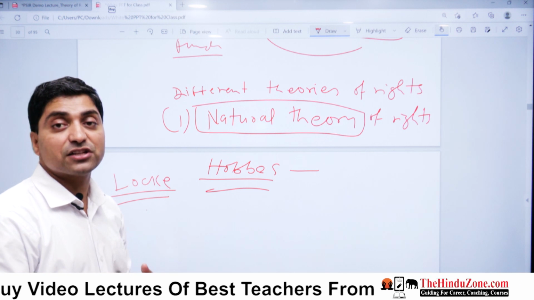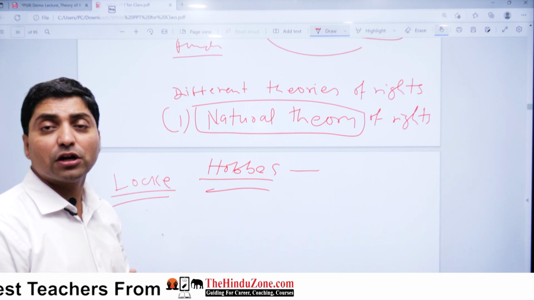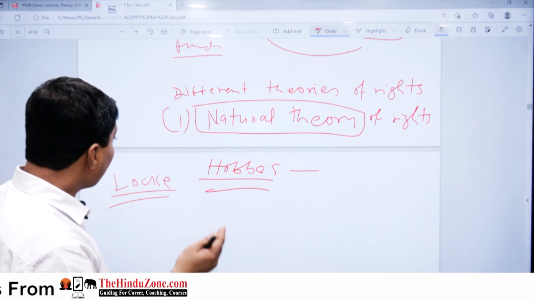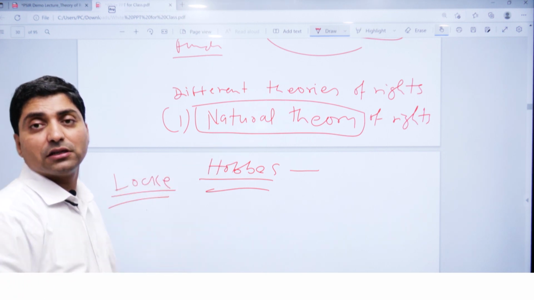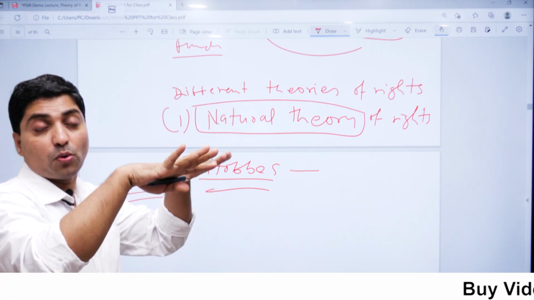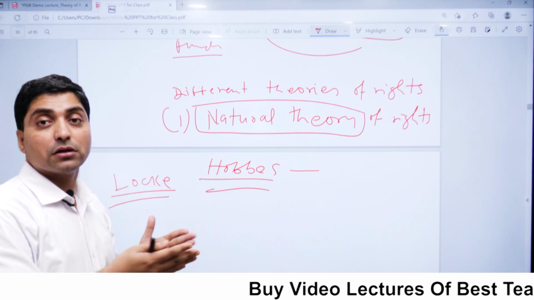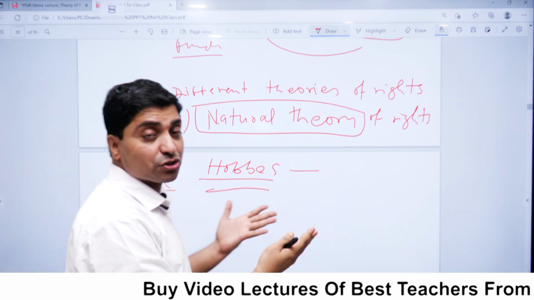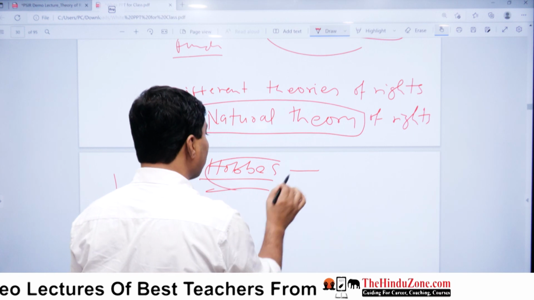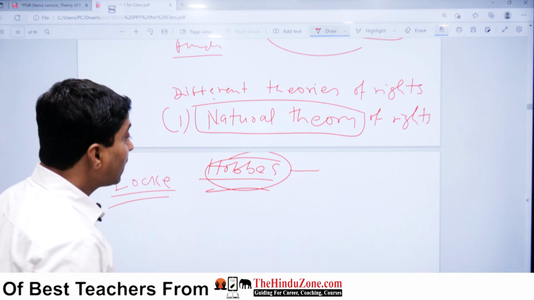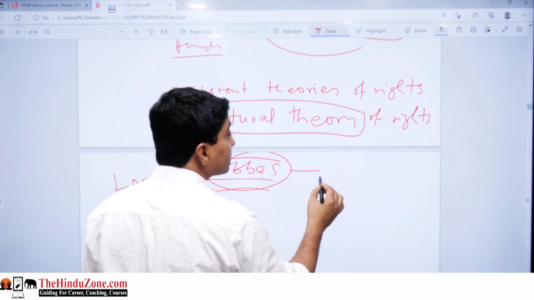They said no, the state is a product of social contract. When there is no authority, no government, it is called a state of nature, and in a state of nature everybody has equal rights, Hobbes said.